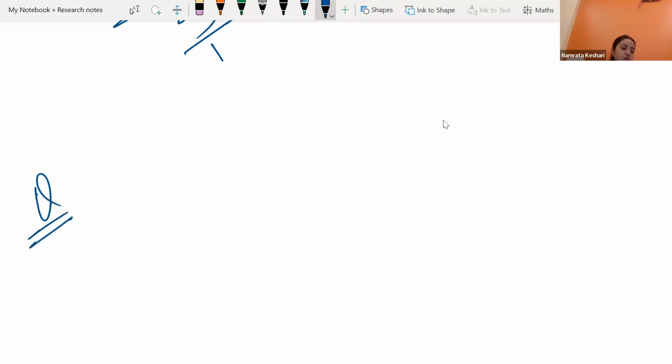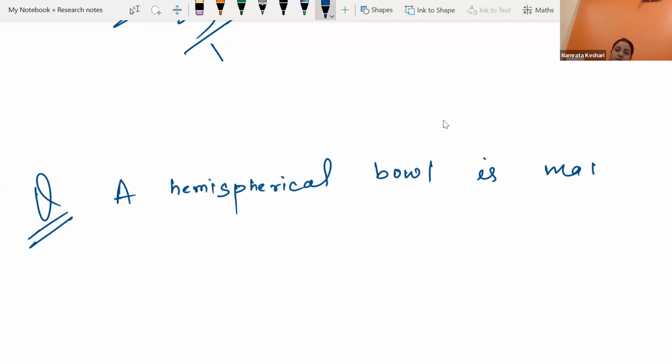So, a hemispherical bowl is made up of steel 0.25 centimeter thick.